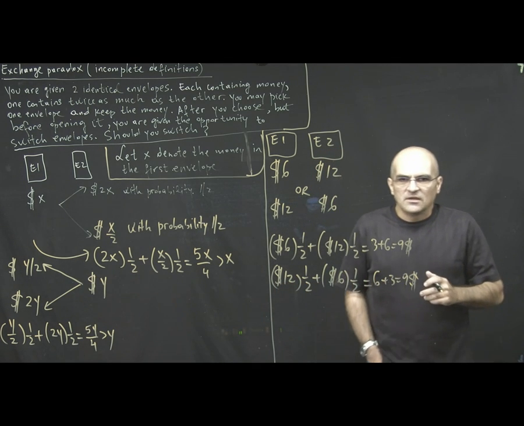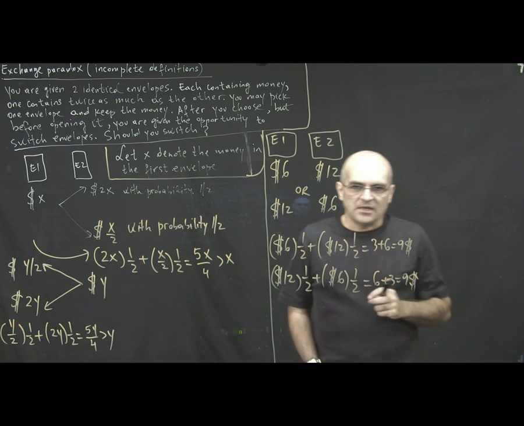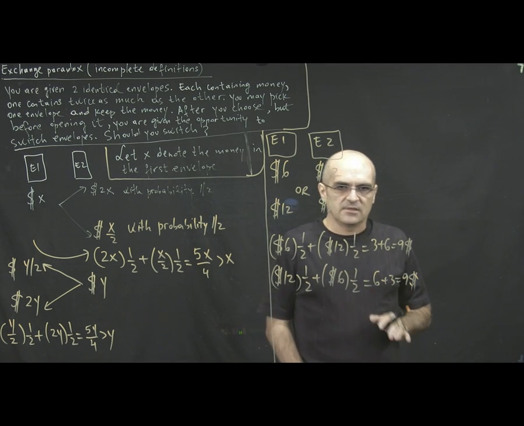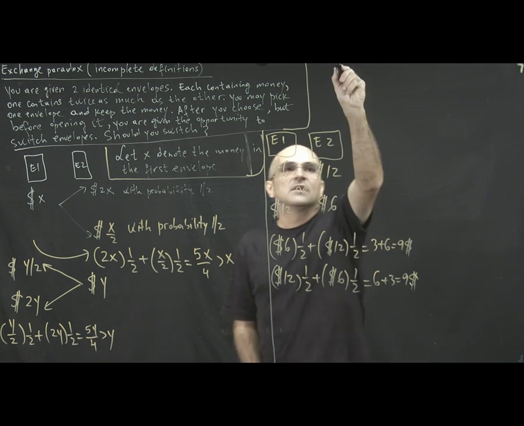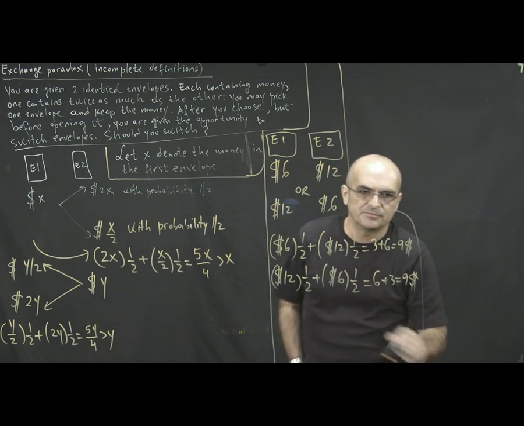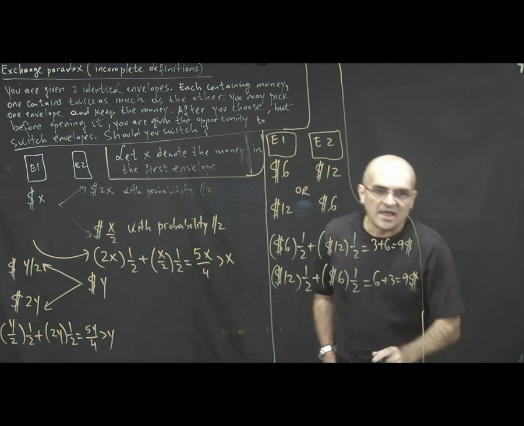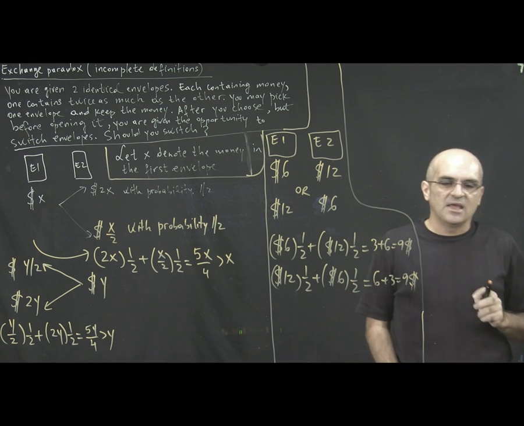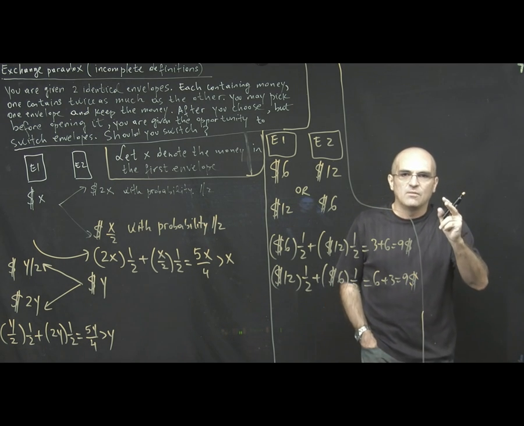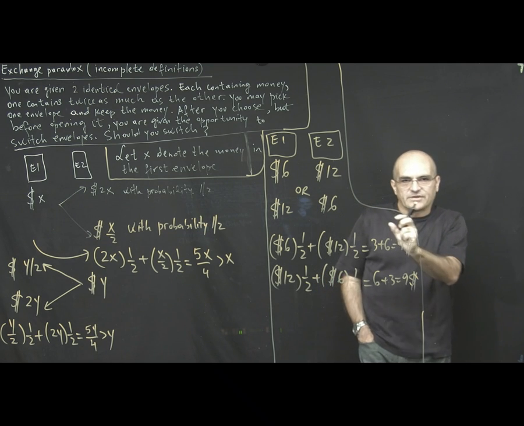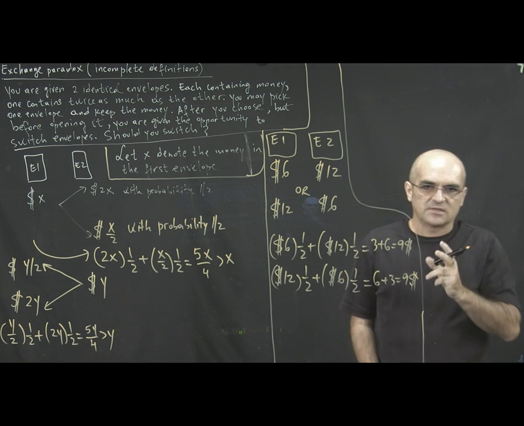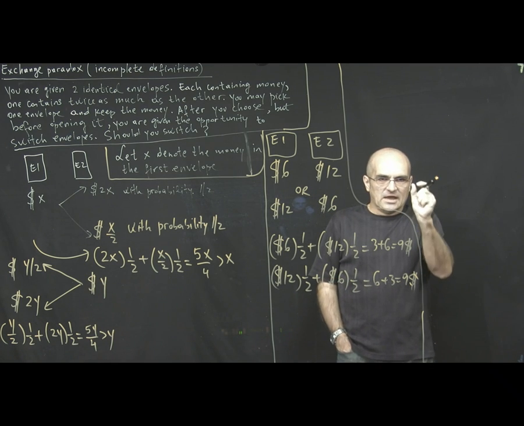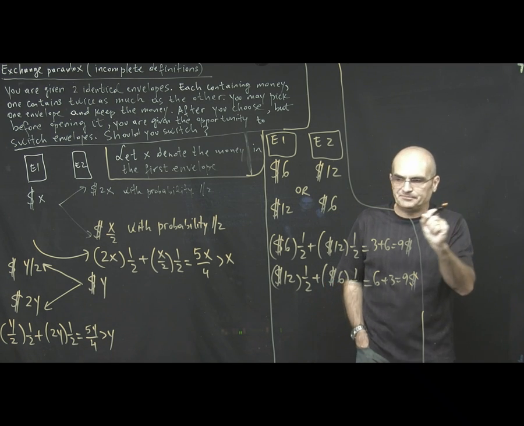So notice, when I say let x denote the money in the first envelope, the way I used that variable x is an incomplete definition. That caused me to use x to mean two completely different things. It means something clear, the money in the first envelope, but the way I used it to estimate what happens if I switch caused me to use x to mean different things.